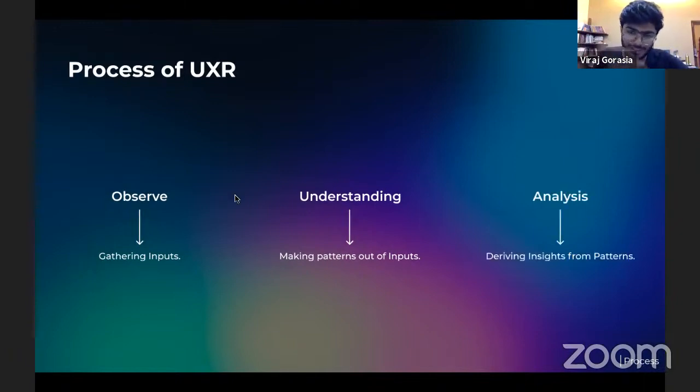Last step is deriving insights from patterns. As I said earlier, the job of a researcher is not to form insights on individual inputs, but to form insights on the basis of patterns. Let me give you an example, right?